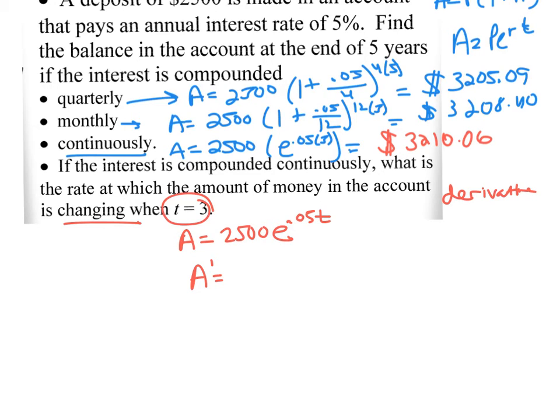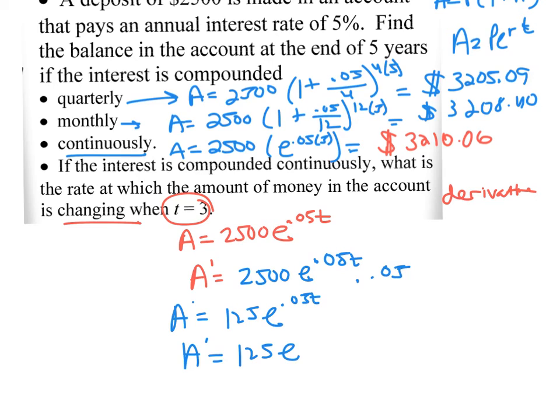So if you take your derivative, that turns into 2,500 e to the 0.05 t times 0.05, because that's the derivative of the exponent. That comes out to, not 2,500, sorry, 125 e to the 0.05 t. But now we're going to plug in 3 for t.